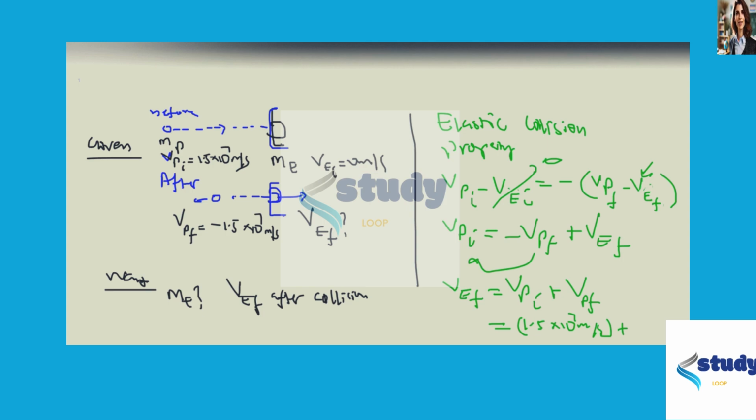Let's check these numbers again. We have 1.5, and 1.2, not 1.5. So this is 1.2, sorry. It bounces off at 1.2, so we need to change that. We want to remember that.